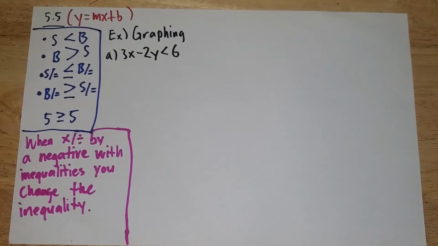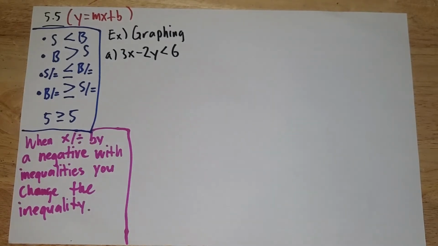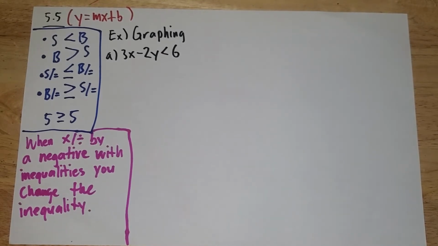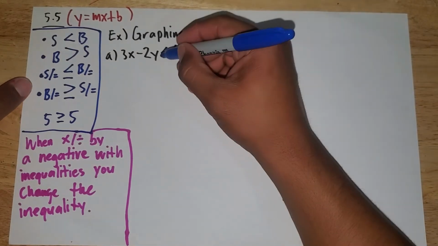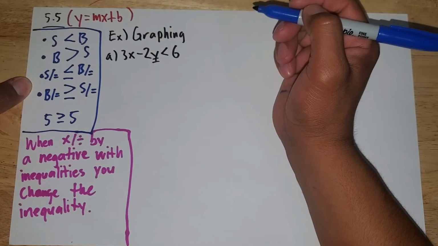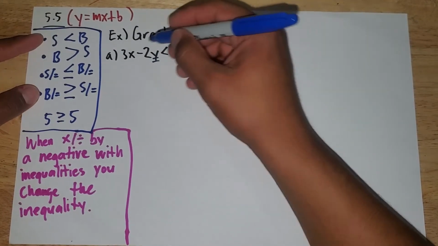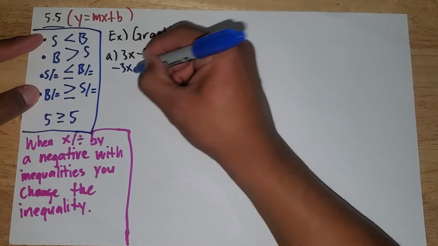So let's graph it, not using a table, because even though the table is one of the best ways to graph anything, since it's going to help you graph quadratics, square roots, logarithms, and exponentials, for now we're going to graph using slope-intercept form because it makes this problem more efficient. But I want to isolate my y first. To do that, I'm going to subtract 3x from both sides.